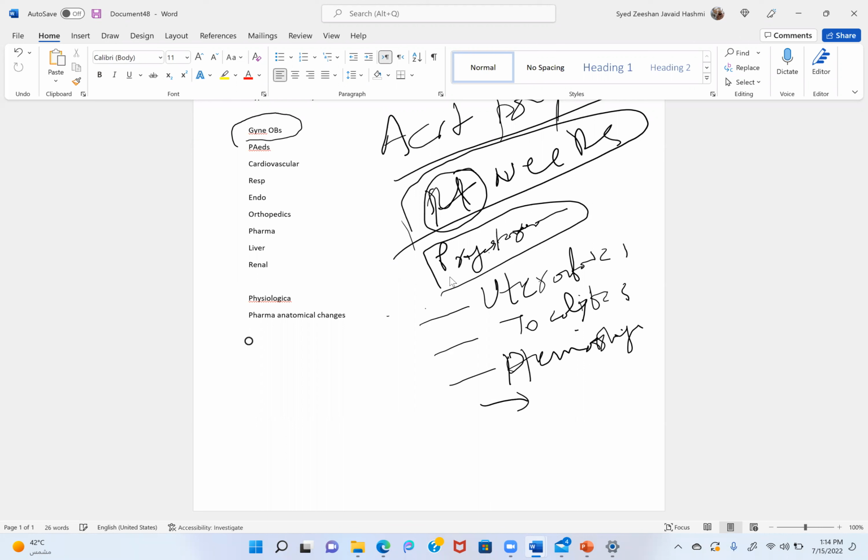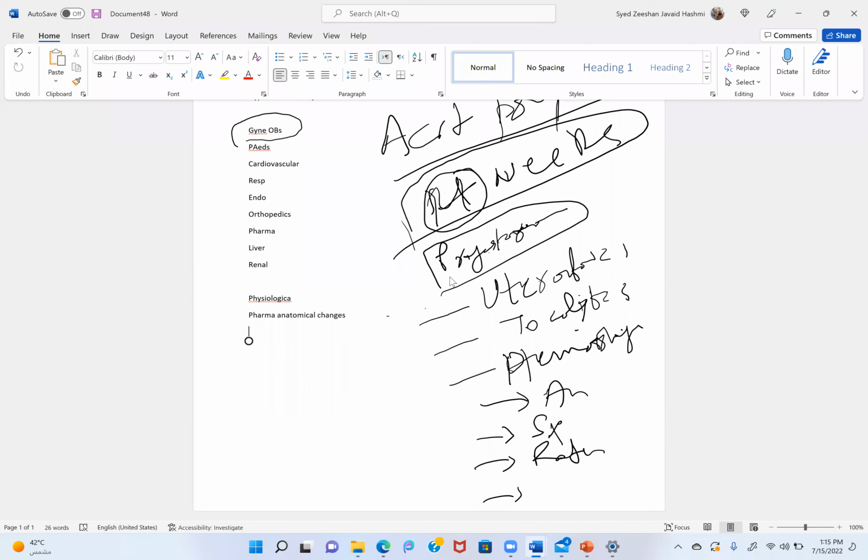There are some anesthetic maneuvers, some surgical maneuvers, and some radiological maneuvers. You should know that these are the points you should be revising in one day. Your target should be to revise these points as part of your quick revision.